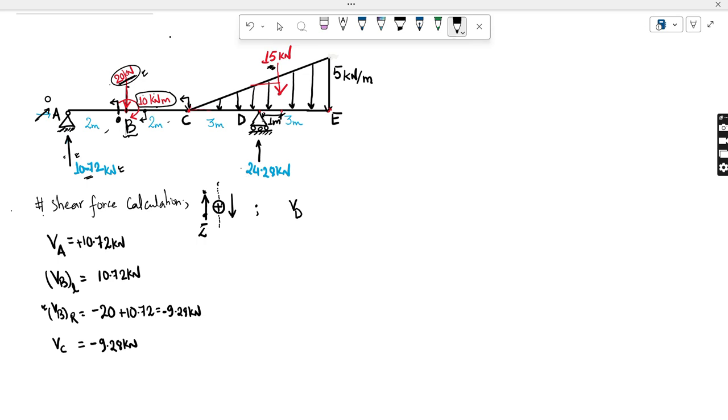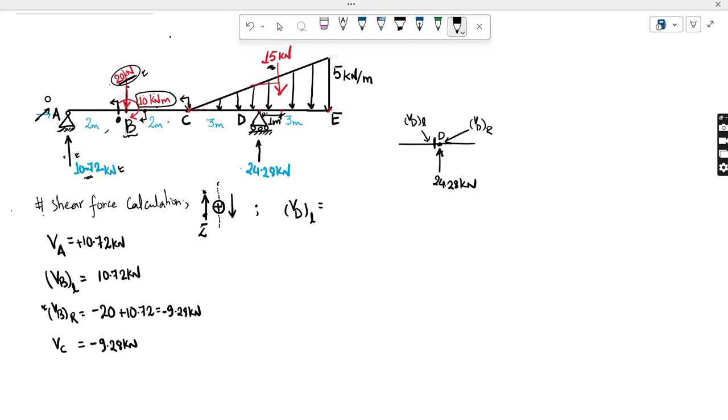This force is acting at point D. So whenever there is some transverse force acting at a particular point, my point of interest is now point D. So always you have to see just immediately to the left of D. This point will be VD left, immediately to the left of D, and this point is VD right, immediately to the right of it. Always you have to do like this. Whenever there is a transverse force acting at a point of your interest, you always should check for the immediate left and immediate right point. So let's do this VD left first.